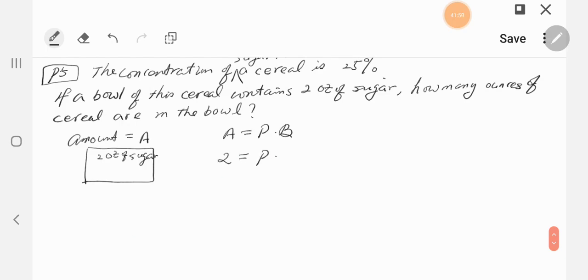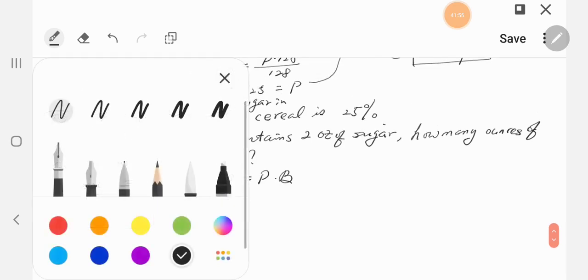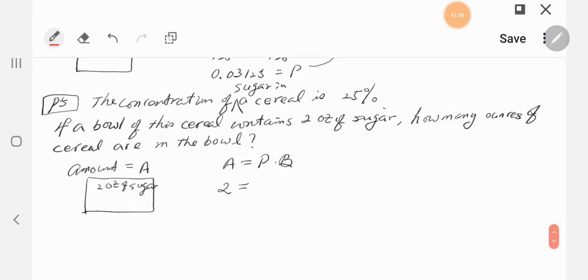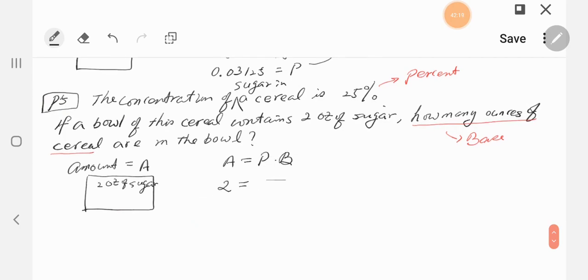And the percent is 25%, since the concentration of sugar in a cereal is 25%. And how many ounces of cereal? That is the base, right? So the equation is this: the amount is 2 ounces of sugar.